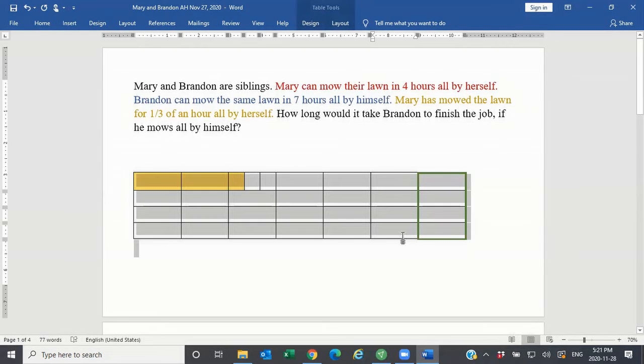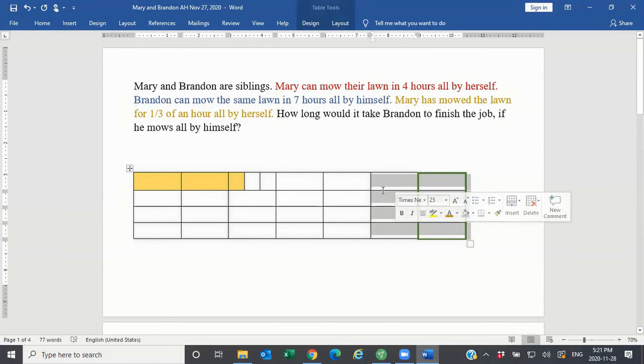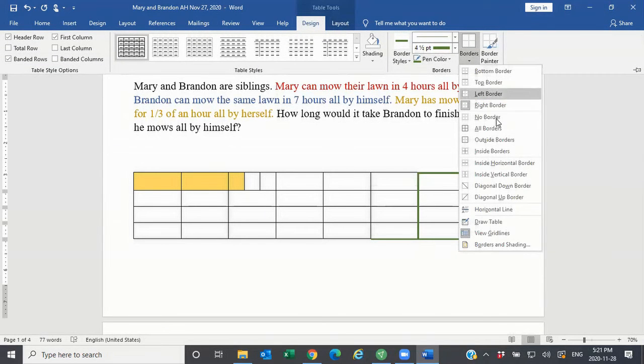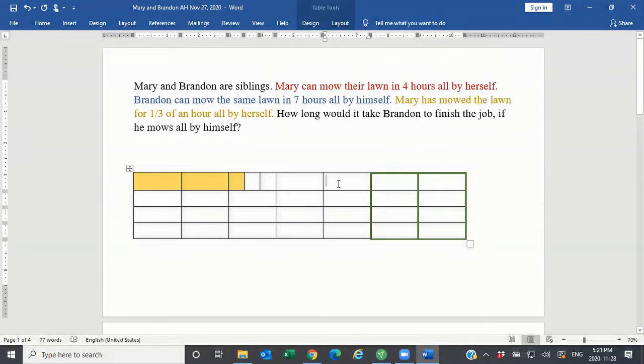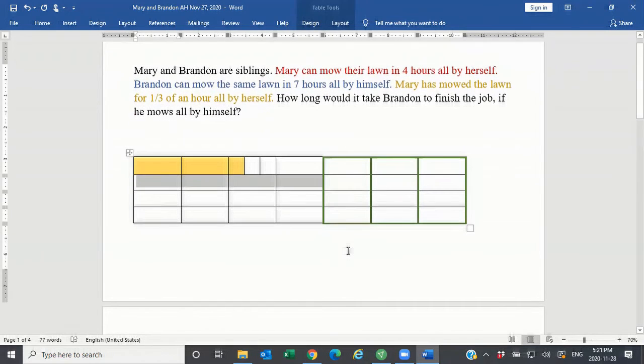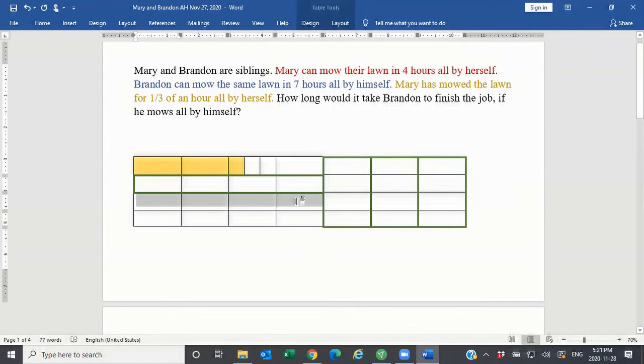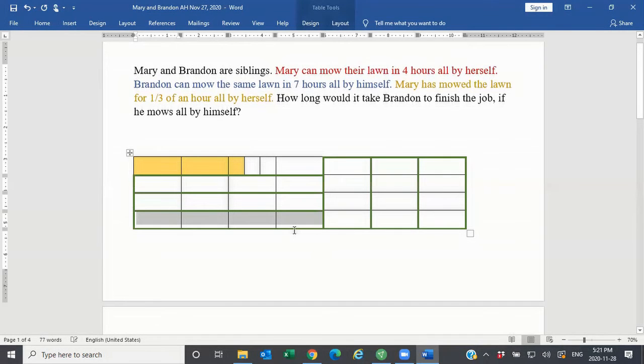We'll see how many hours and minutes it'll take Brandon to finish the job. Now, to make this easy to see, I'm going to split it like this, so we could group it into easy 4s. There.